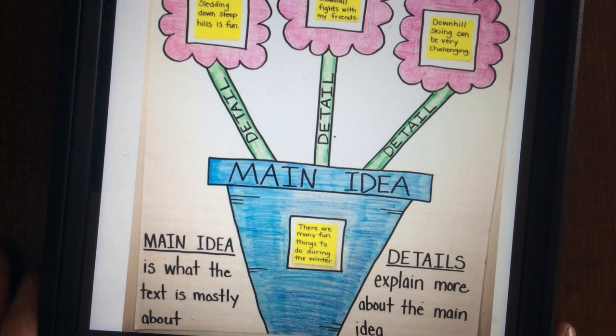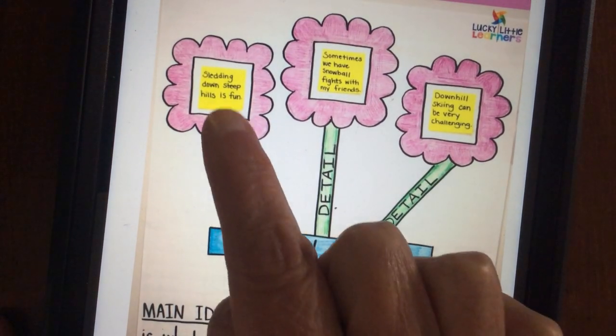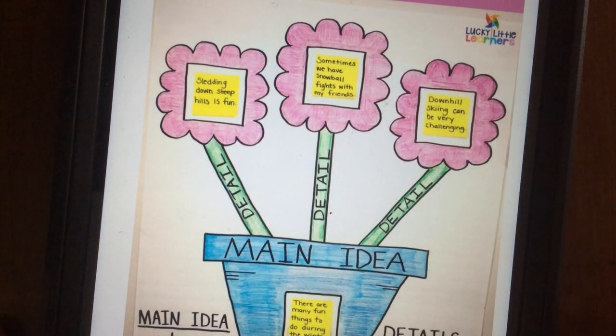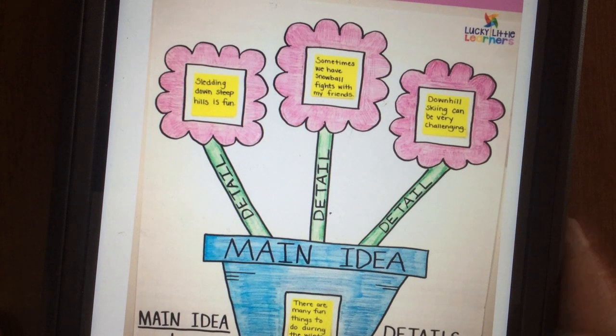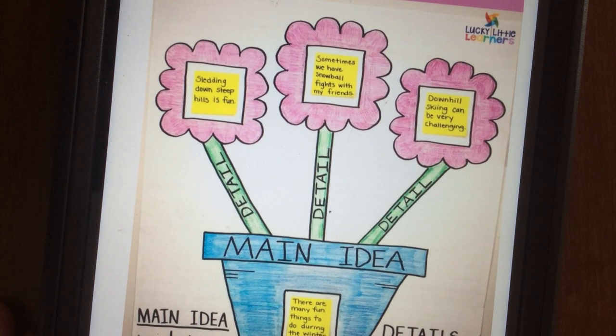It's kind of a lot of similarities there. So this one, the main idea says there were many fun things to do during the winter. And then there's details on each flower. Sledding down steep hills is fun. Sometimes we have snowball fights with my friends. And downhill skiing can be very challenging. So those were details about fun things to do during the winter.